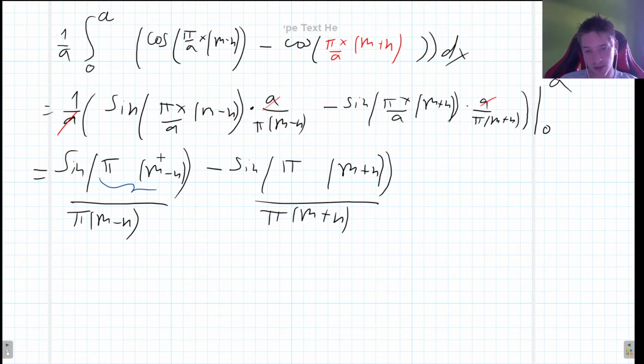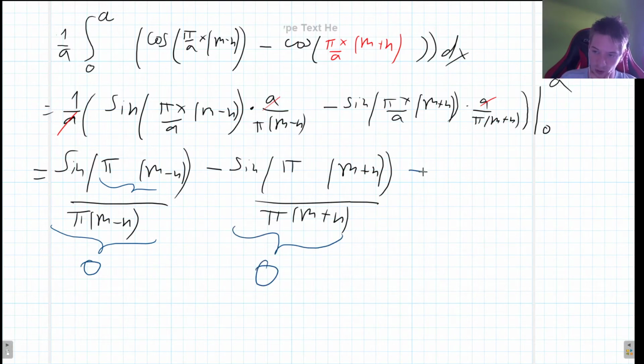It's always going to be an integer amount of pi. So that means that both of these are going to be separately 0. So this whole thing is going to be 0. Okay, so that is exactly what we wanted to prove. So it doesn't matter what m and n are, as long as they are different, then this is going to be 0. And when they are the same, it's going to be 1.